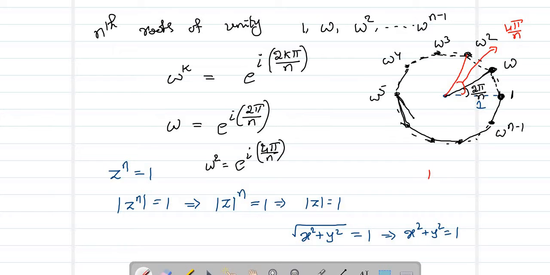And what is the difference between 4 pi by n and 2 pi by n? That's exactly 2 pi by n. Similarly, you take the other one, omega cube. Now when you measure this angle, it is going to be 6 pi by n, right? So every time you are just increasing the angle by 2 pi by n.